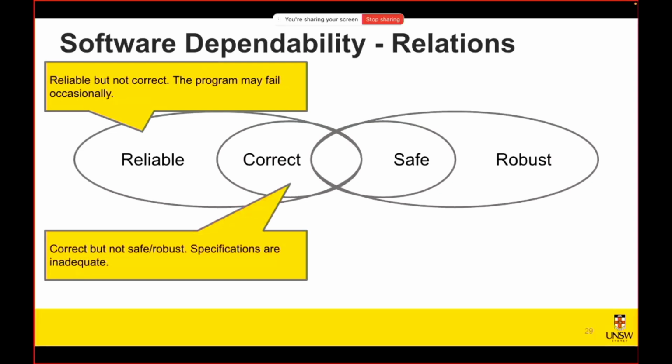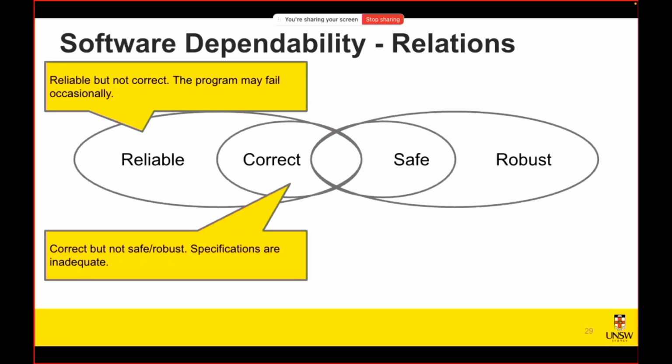And you can see correct doesn't always mean safe. There are some cases where a piece of software is correct, but it is not safe. This means that the specifications, because correctness by definition means the software aligns with the specifications, so it is correct.